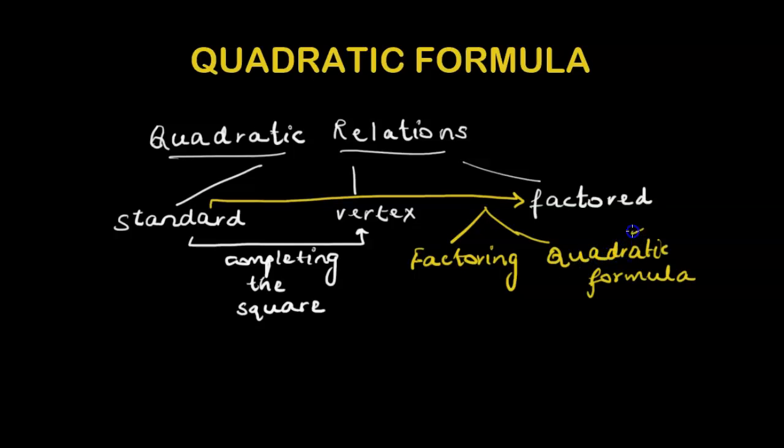Always remember, the quadratic formula would always work to convert standard form to factored form. However, factoring would work only for certain standard form equations. Therefore, we have to understand how to apply the quadratic formula in order to convert standard form to factored form of quadratic equations. Let's understand this with an example.